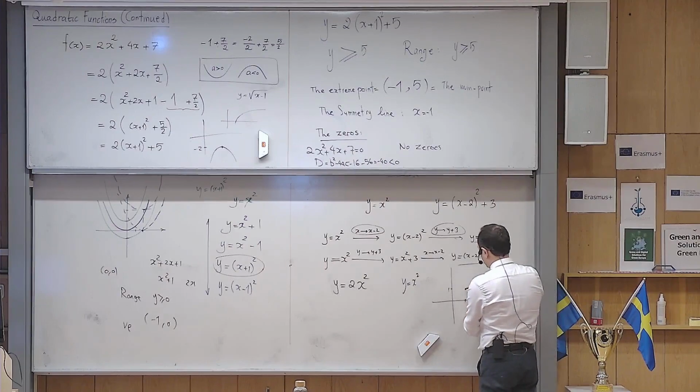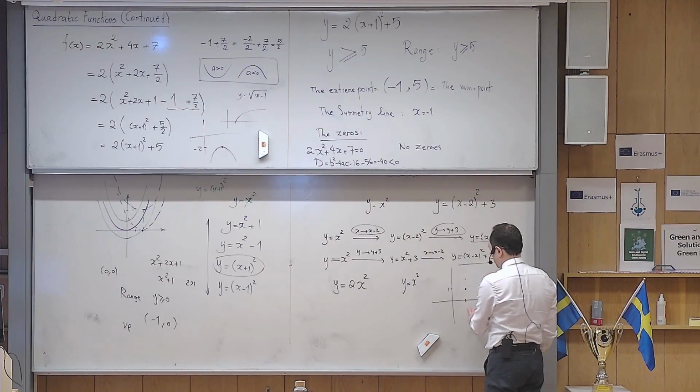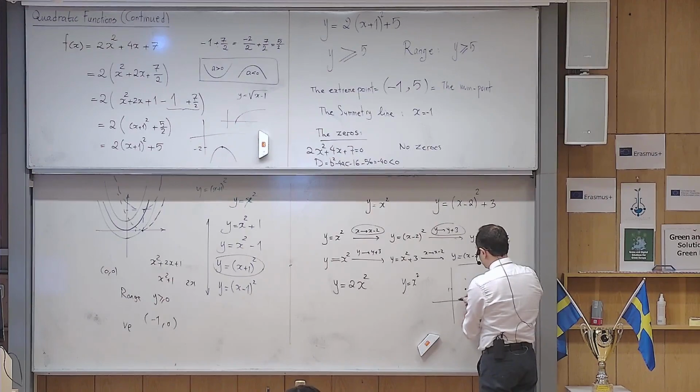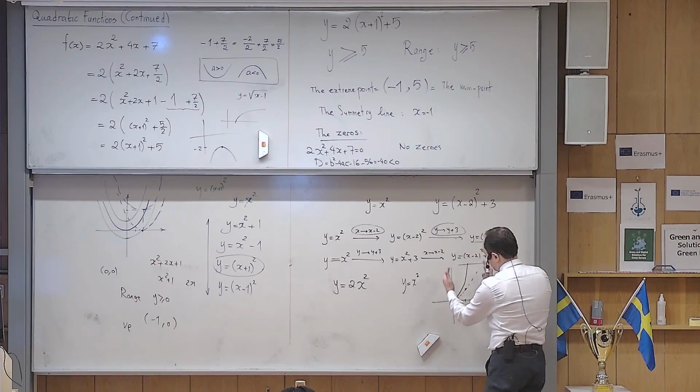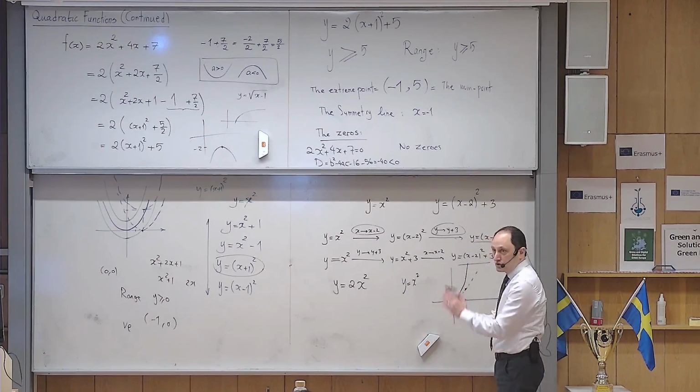So it will go here. So this point will jump here. Every point that you have here will jump up. So the net effect is this. It seems that it is becoming more narrow, not wider.